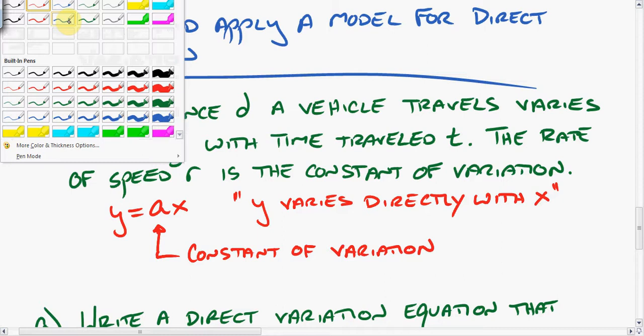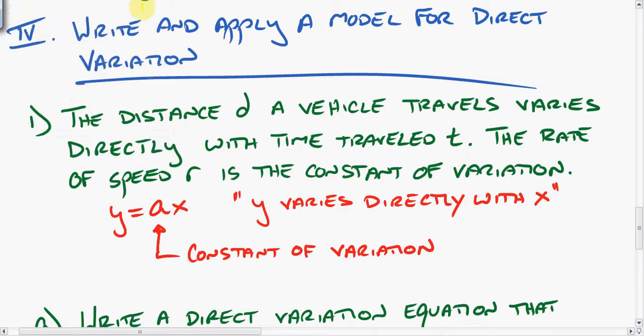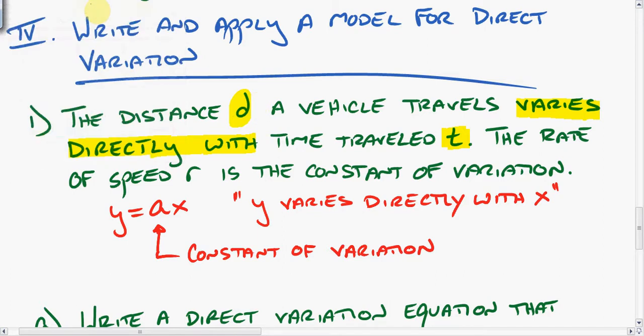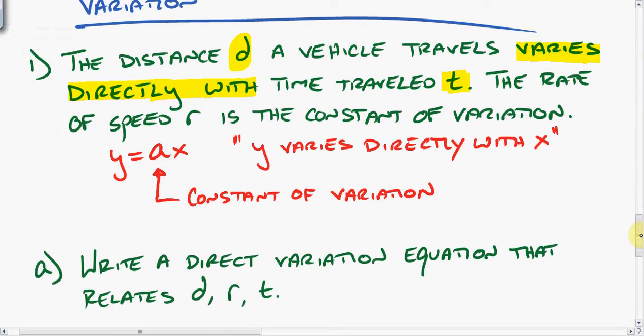So let's go back to the word problem here, and we can see that the distance d varies directly with t. Y varies directly with x, d varies directly with t. Knowing that, we can do the first step, which says write a direct variation equation that relates d, r, and t.